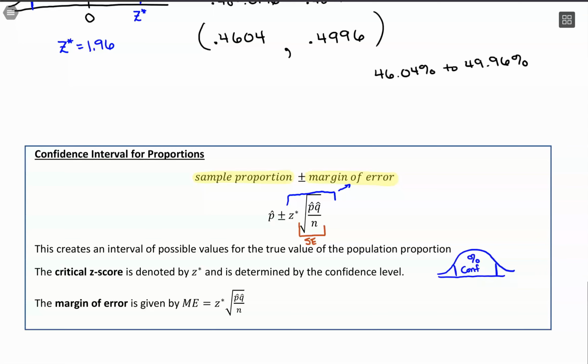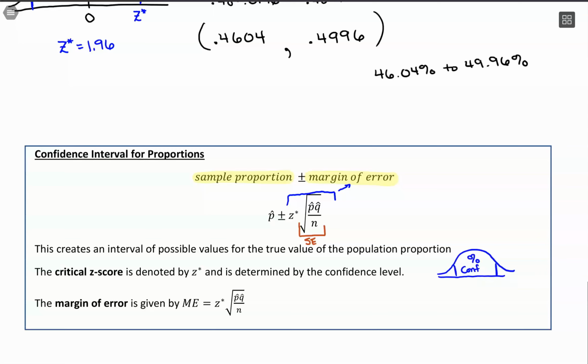And then your critical z-score is the cutoff on this right-hand side here. On that left-hand side, it comes through as well; it's just the negative version of that number. We want to center that confidence level, and the z-score will be the cutoff there. So the critical z-score times the standard error will all together give the margin of error.